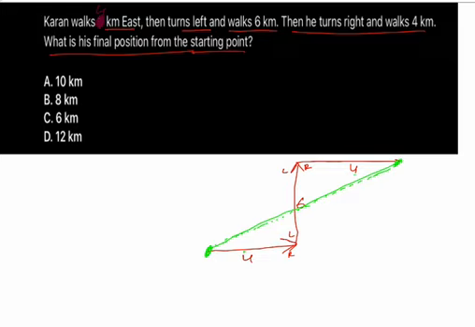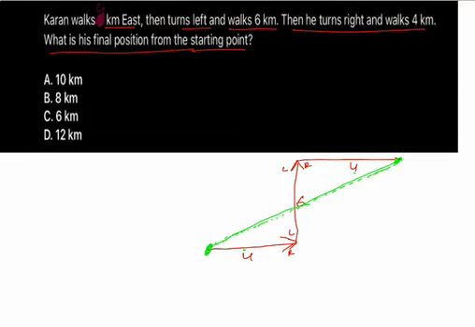We apply the Pythagoras theorem here. You draw this, you can extend it and make a 90-degree angle here. This is 4, this is 4, and this is also 4. These both sides are equal. This is 6, this is also 6.